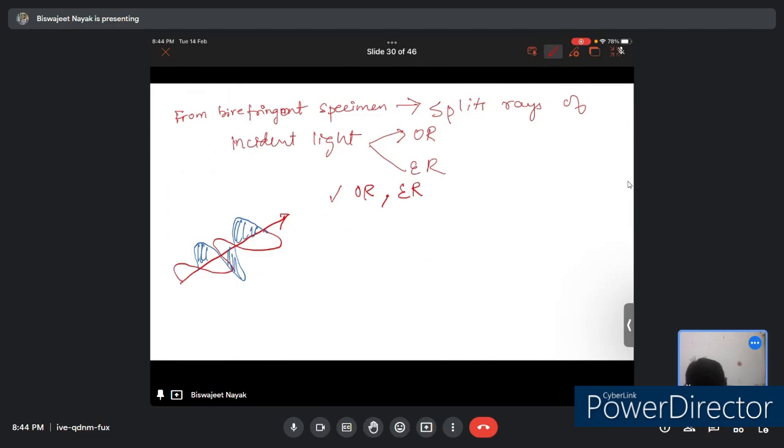So here, the ordinary ray and extraordinary ray are mutually perpendicular to the plane and also to each other. They cannot interfere.